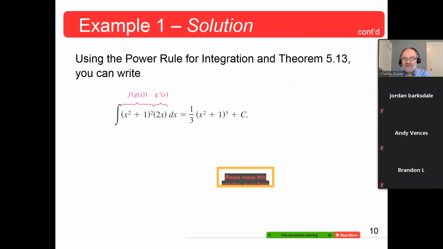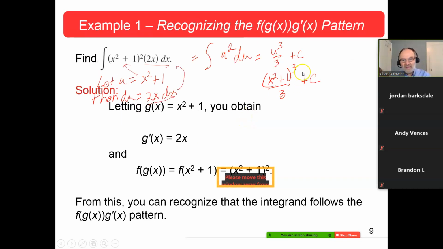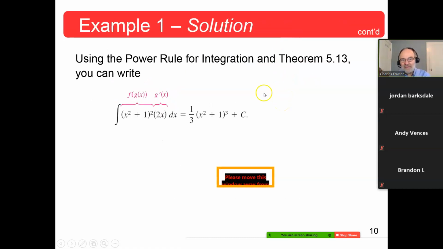And then you can say, using the power rule for integration, theorem 5.13, you can then write this down, and they got 1/3 of this plus c, which is the same thing we got, except I wrote it over 3. X squared plus 1 cubed over 3, they wrote 1/3 x squared plus 1 cubed plus c.